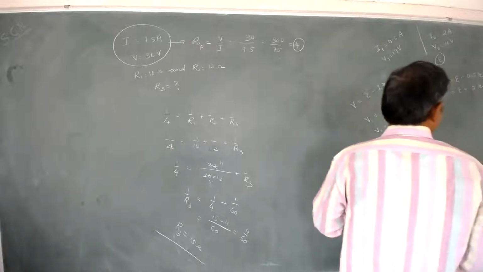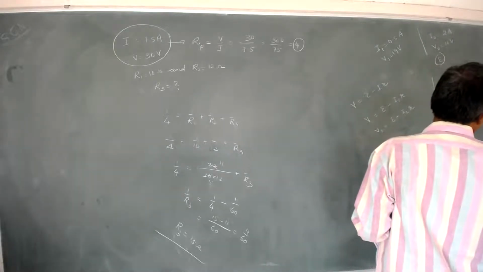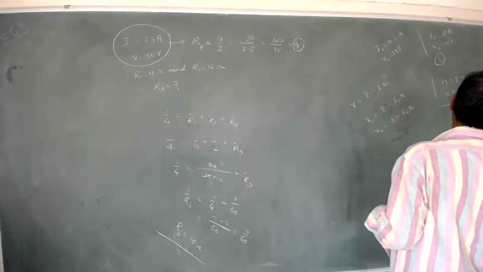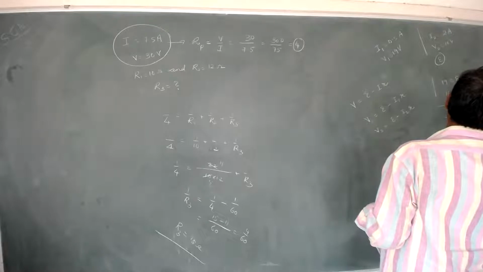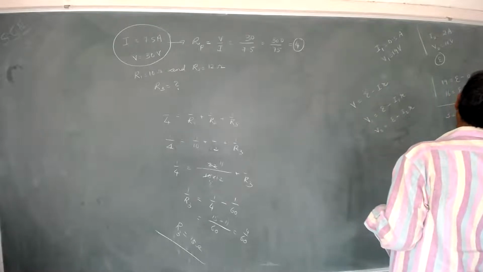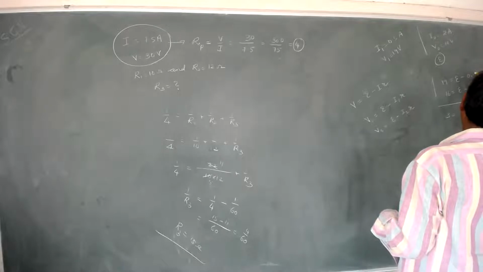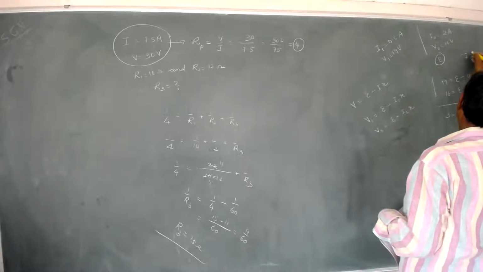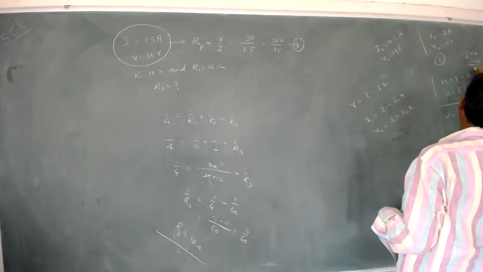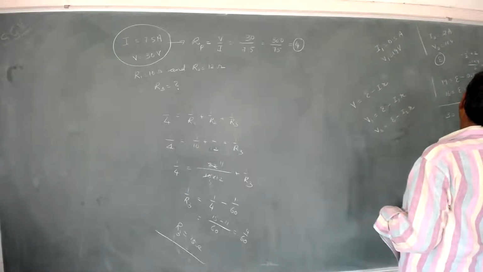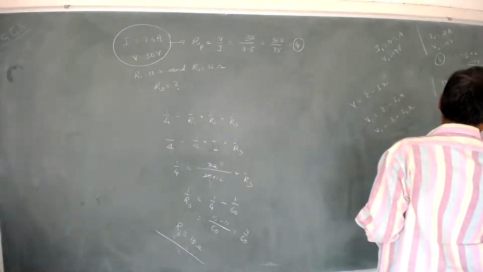Now if you solve these two equations, subtract. So 19 minus 16 is 3, and minus 0.5 R plus 2 R is plus 1.5 R. That means 1.5 R is 3.